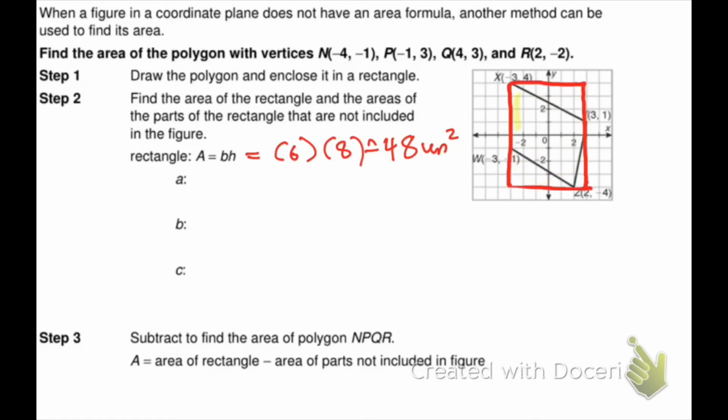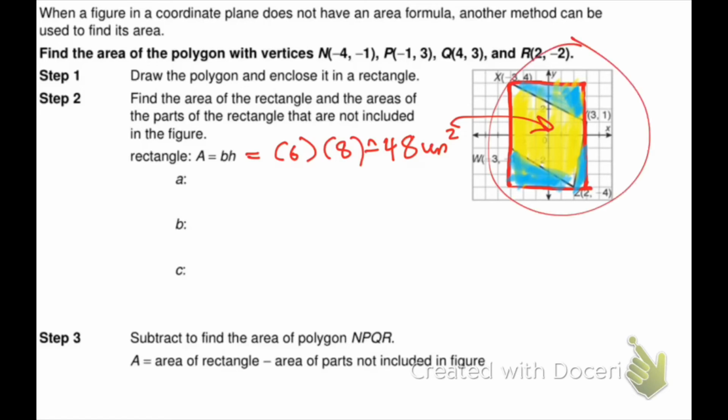But that gives me all of this area. What I want is just this portion here. So since I've calculated all of this rectangle, what we're actually going to do now is calculate these triangles here. I have these 3 triangles here. I'm just going to subtract them away. I'm basically going to cut them off, and I'll be left with the area of the polygon.